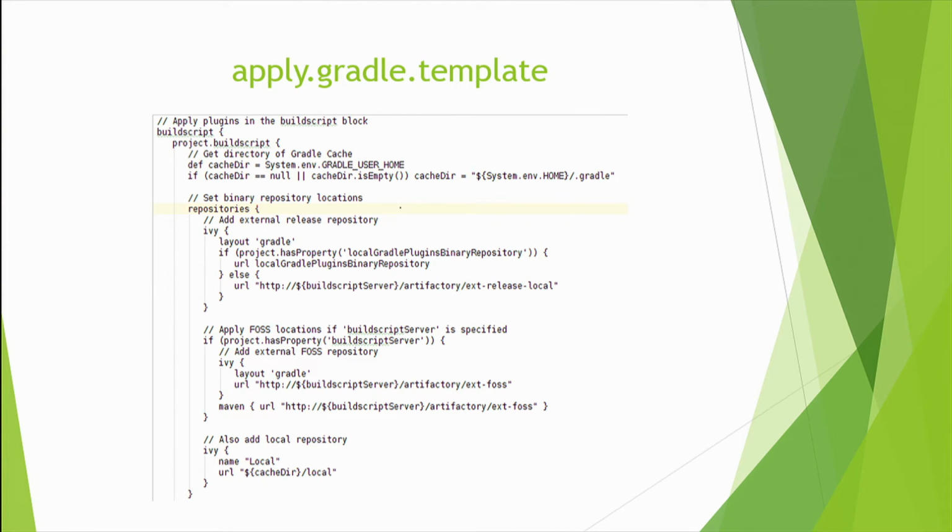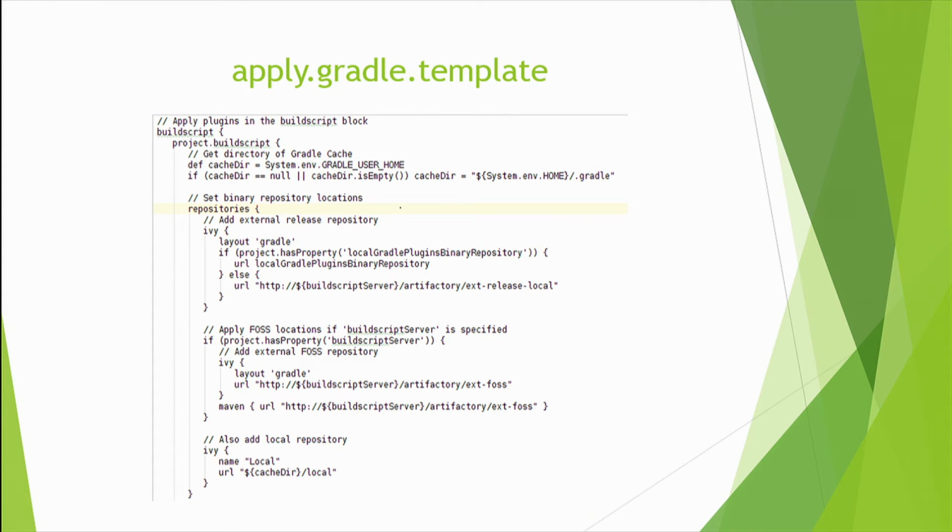So the first thing we do is we want to check our Gradle cache, make sure we haven't already downloaded the Gradle plugins we've desired. We then go and set up the repository to where our Gradle plugins are stored. We keep them in a separate repo from the rest of our source, just as a way of keeping a clean house and making sure we don't inadvertently deliver it to our product.